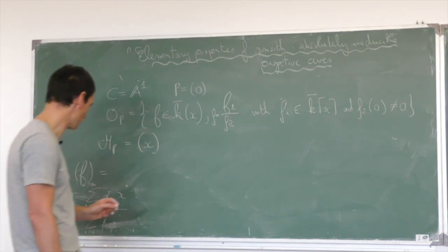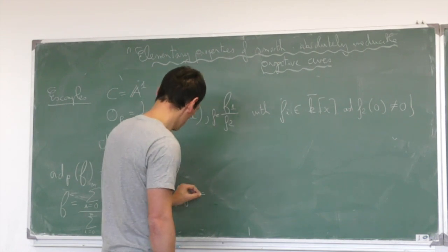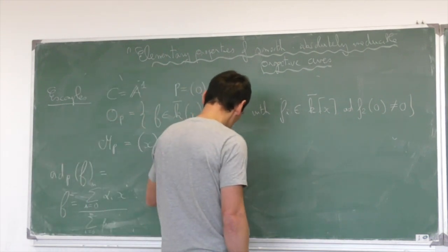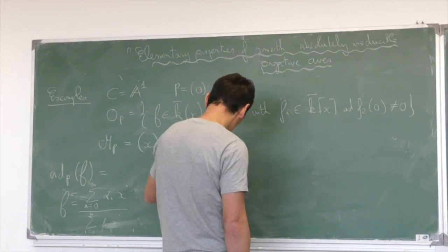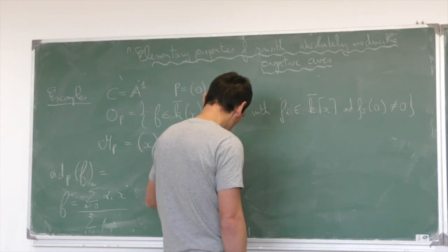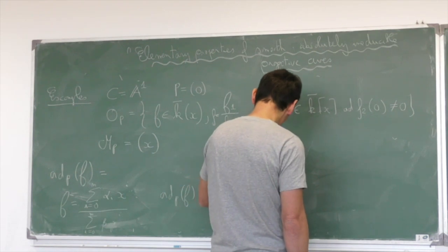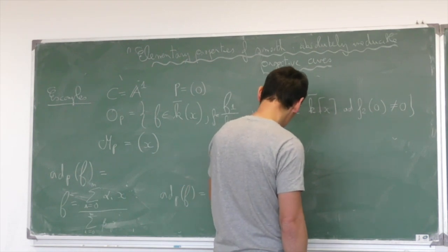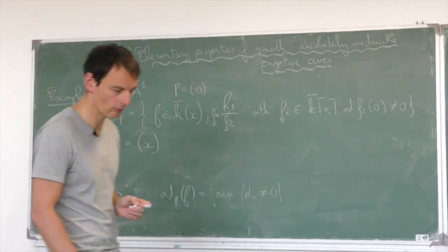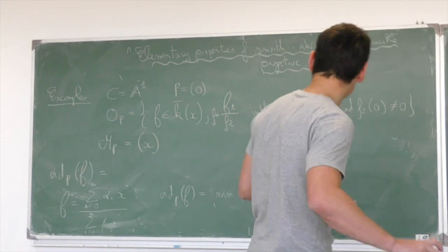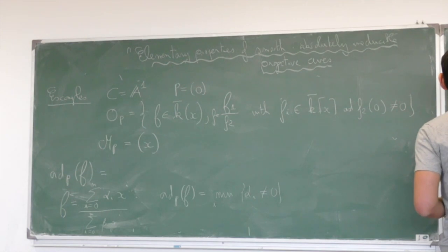Or in another sense, the order at P of f is the min of the i such that alpha_i is different from 0. So you recover the classical notion of the order of a polynomial.